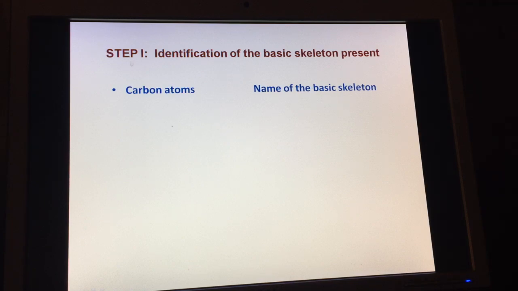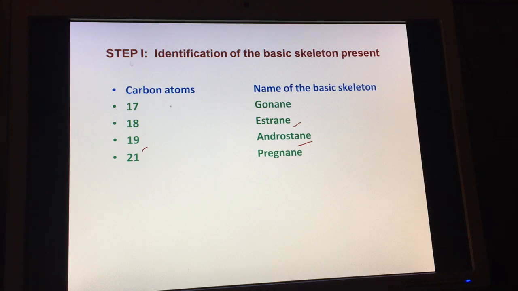When the number of carbon atoms is 17, the name we give to the structure is gonane. When the number of carbons is 18, the name is estrane. When the number of carbon atoms is 19, the name is androstane. When it is 21, the name is pregnane.